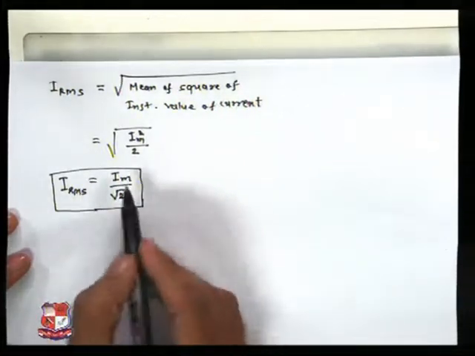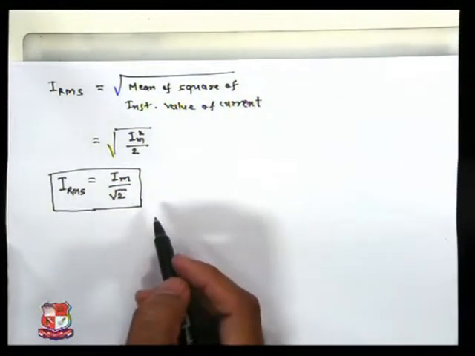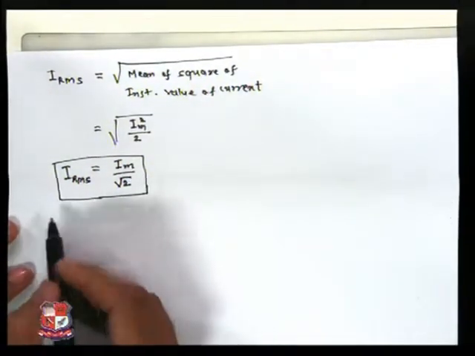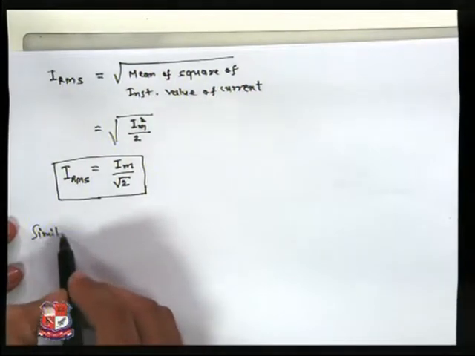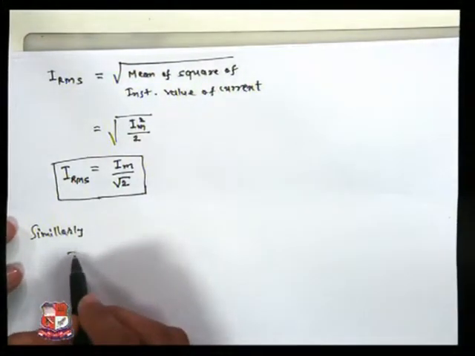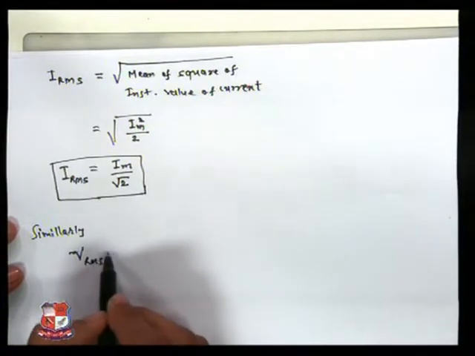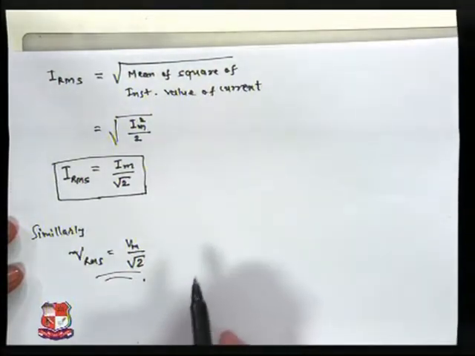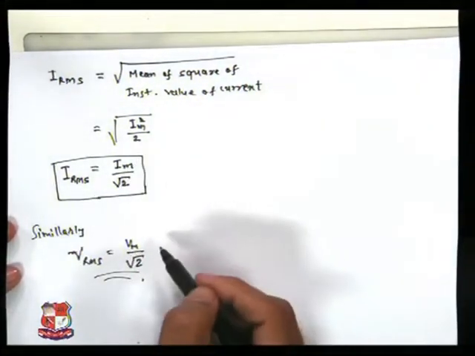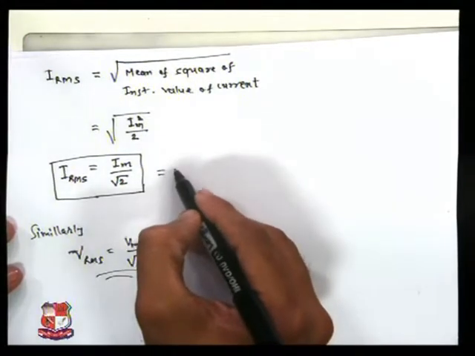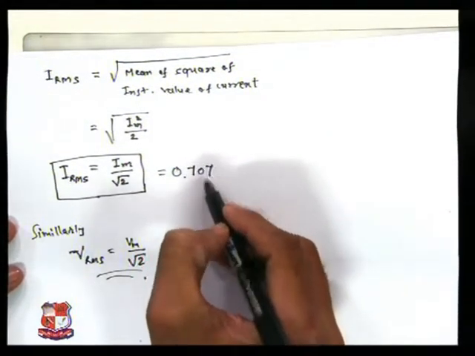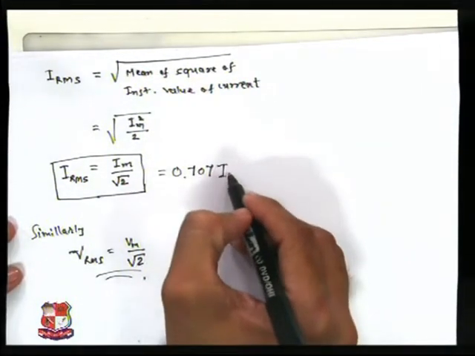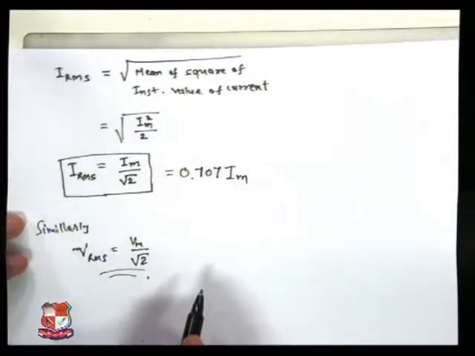It is my complete derivation for alternating quantity of current. I RMS is equal to Im by root 2. Similarly, we can get the value of V RMS equal to Vm upon root 2. 1 upon root 2 is normally equivalent to 0.707 of the value of maximum current.